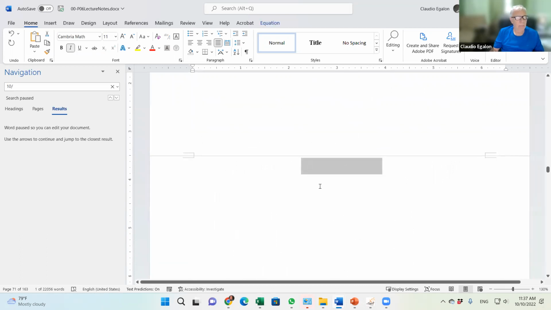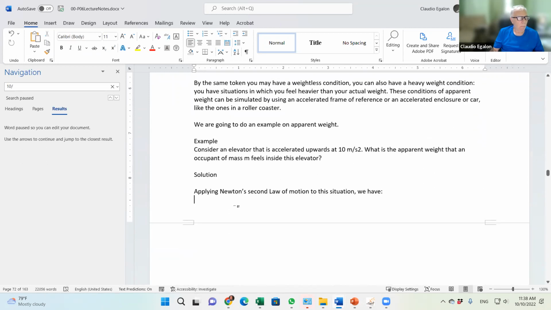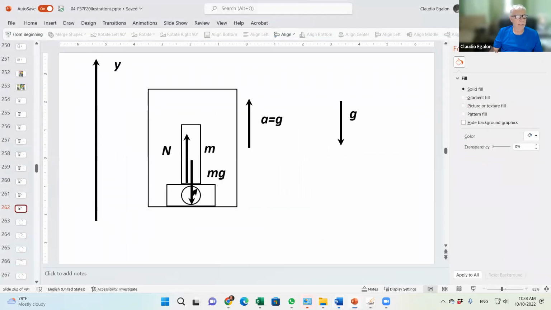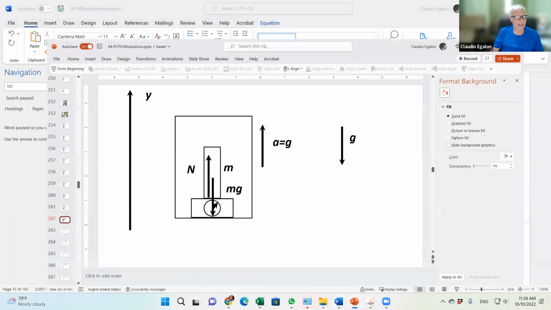Net force is equal to mass times acceleration. It's not uniform circular motion, so you do not need any centripetal force in there. The net force in this case is going to be the normal minus the weight of the occupant.